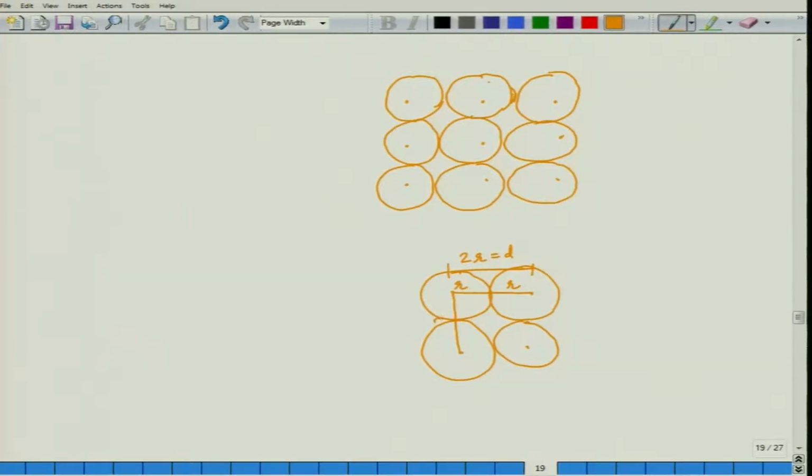Similarly, this side is d, this is d, and this is d. So, if we consider this square, that is a b c d, a b c d is a square of side d. So, what is the area of ABCD? It will be given by d square.